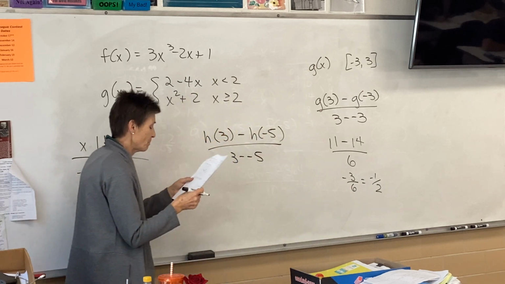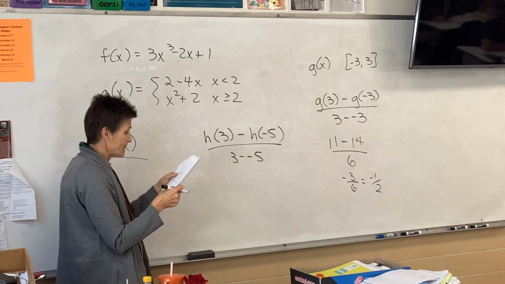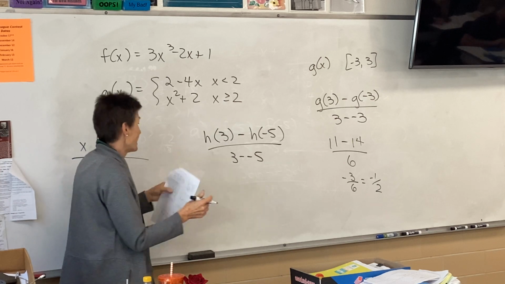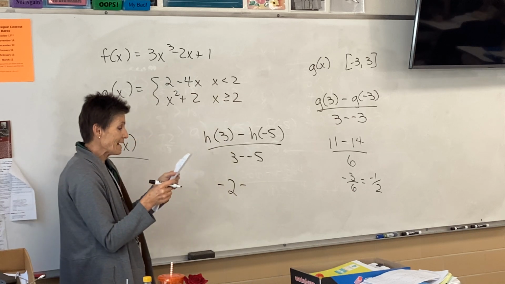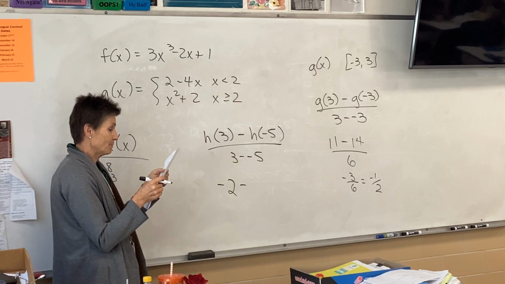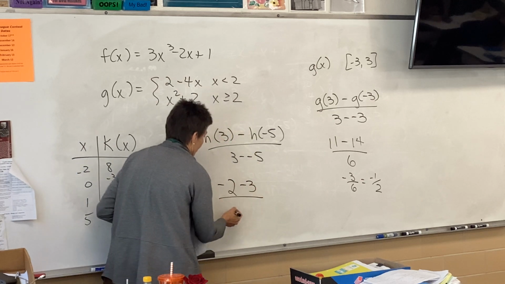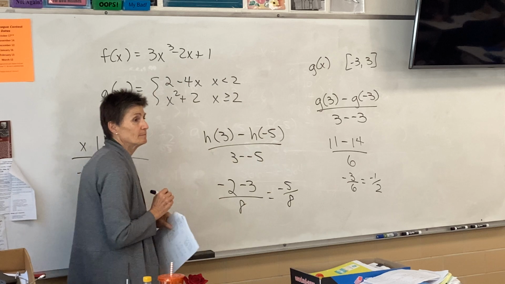Here we go. Look at your picture. What's h of 3? -2. Perfect. What's h of -5? 3. So did you come up with -5/8?